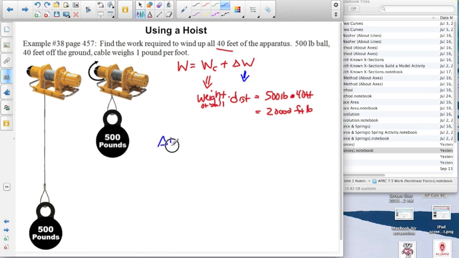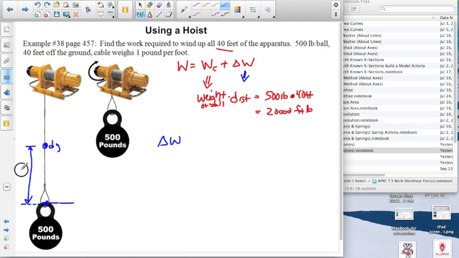Okay, now we've got to take a look at the variable portion, and that variable portion has to do with the cable being wound up. So here's our cable. Again, we're going to start our origin at the lowest portion of that variable component, and so we'll take an incremental portion of wire here, dy, and we're going to measure then that according to our coordinate plane.